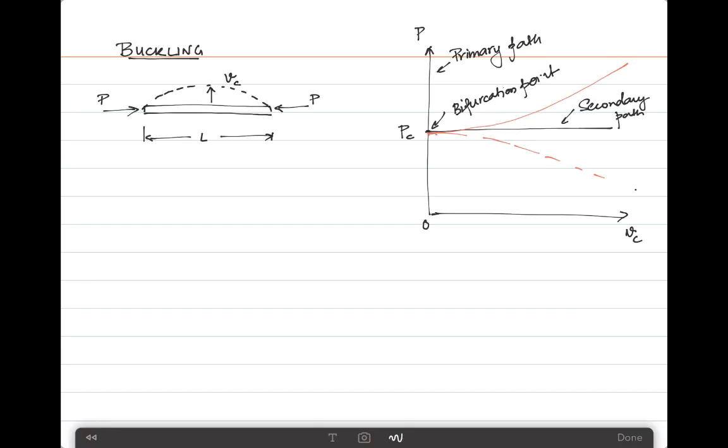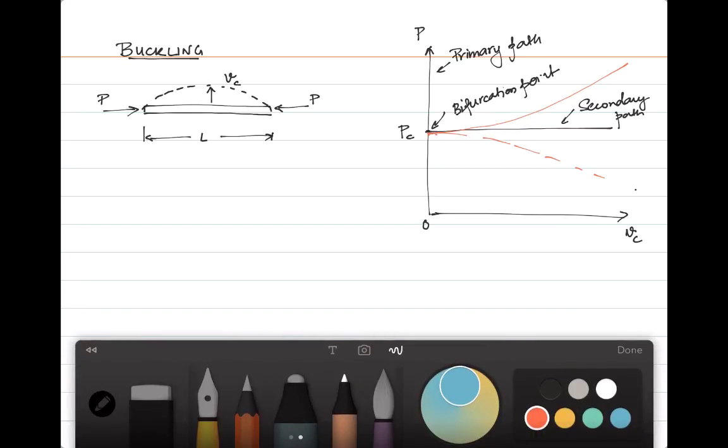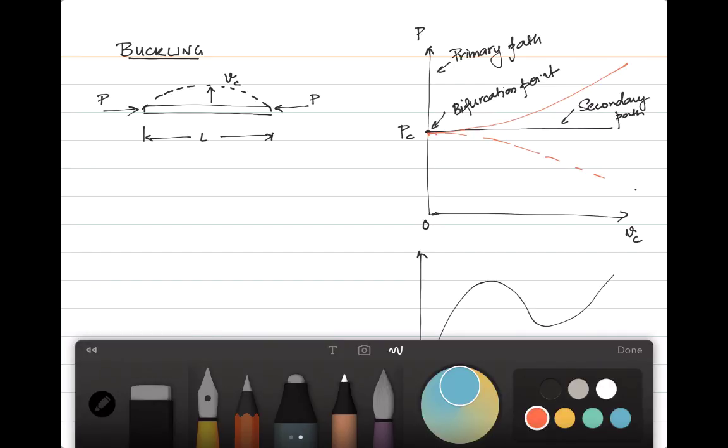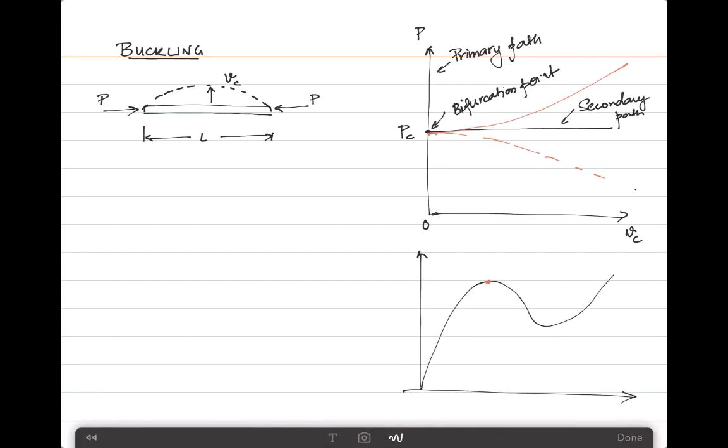Of course, there is also another kind of buckling problem which you have already faced before, that was to do with the shallow truss that we looked at. So we can always have a condition where your structure behaves like this, where you reach your maximum load and then the behavior changes, and this point is called the limit point.